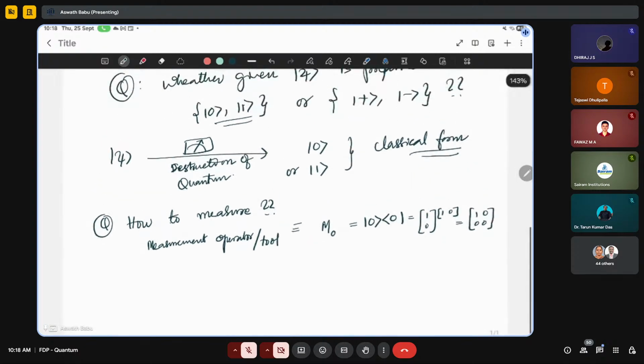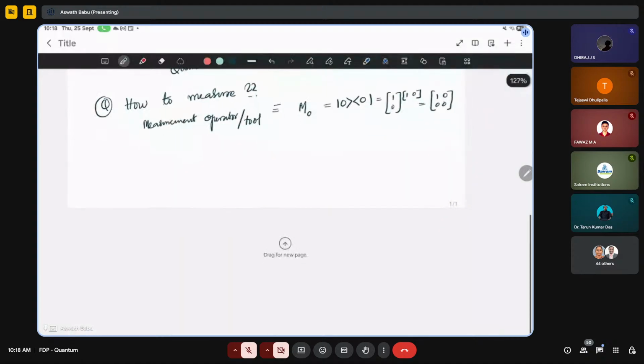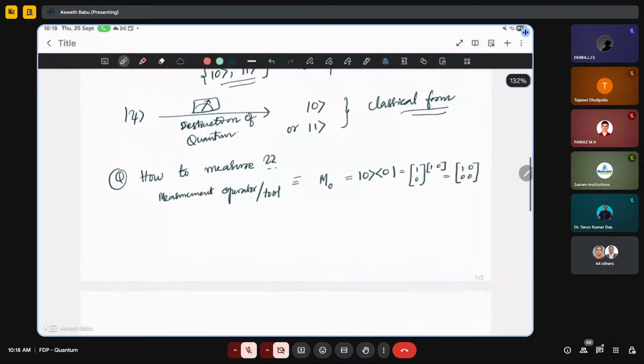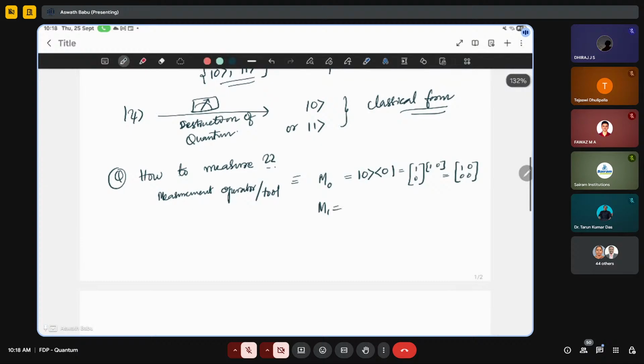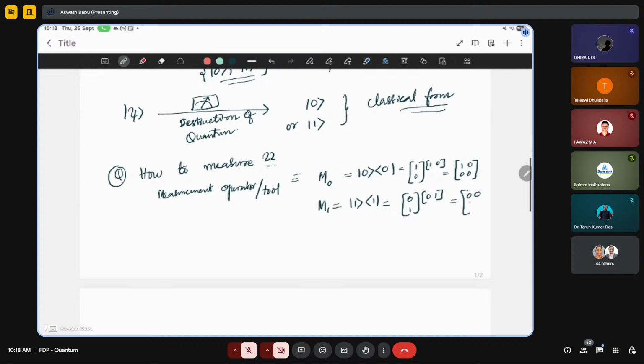Similarly, M1 is 1 ket 1 bra, which is equal to 0 1 multiplied by 0 1, which is equal to the matrix 0 0 0 1. This is also another measurement tool.